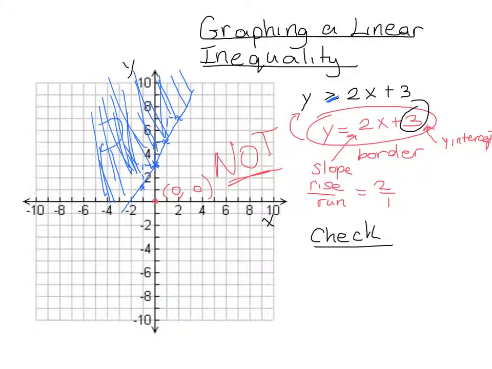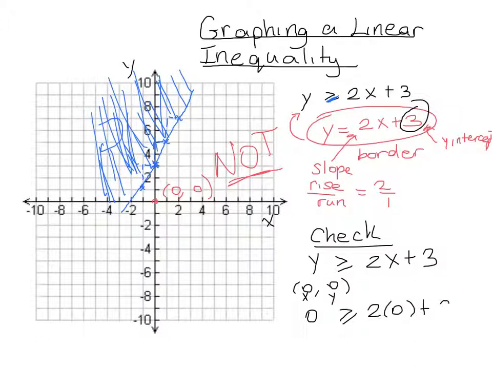All right, so let's test 0, 0. Our original inequality is y is greater than or equal to 2x plus 3. And we want to make sure that x being 0 and y being 0 does not work. So y is 0. 0 is greater than or equal to 2 times 0 plus 3. Is that true?